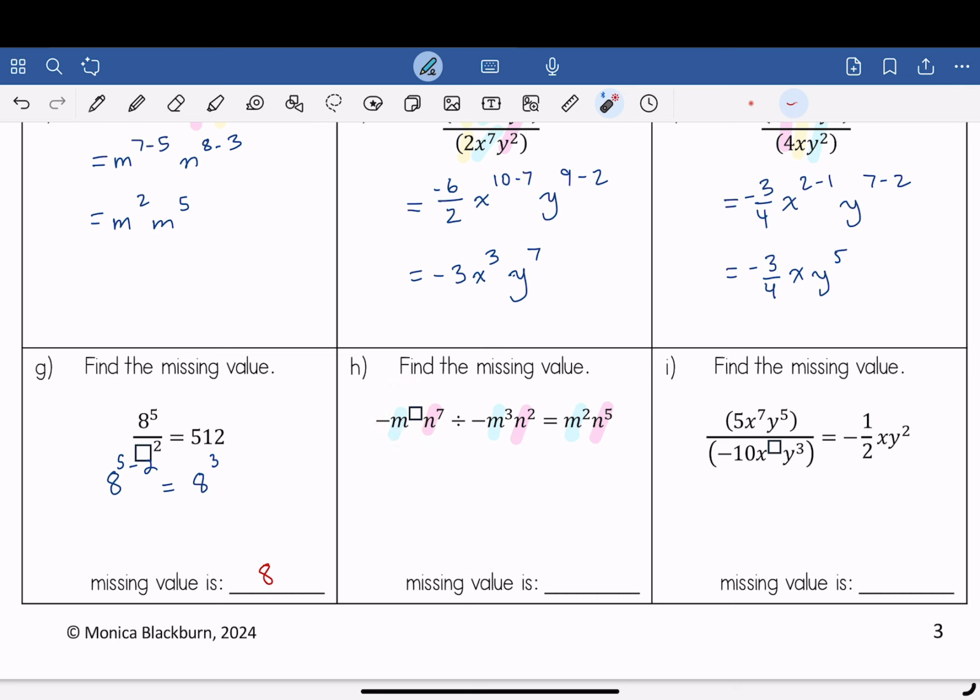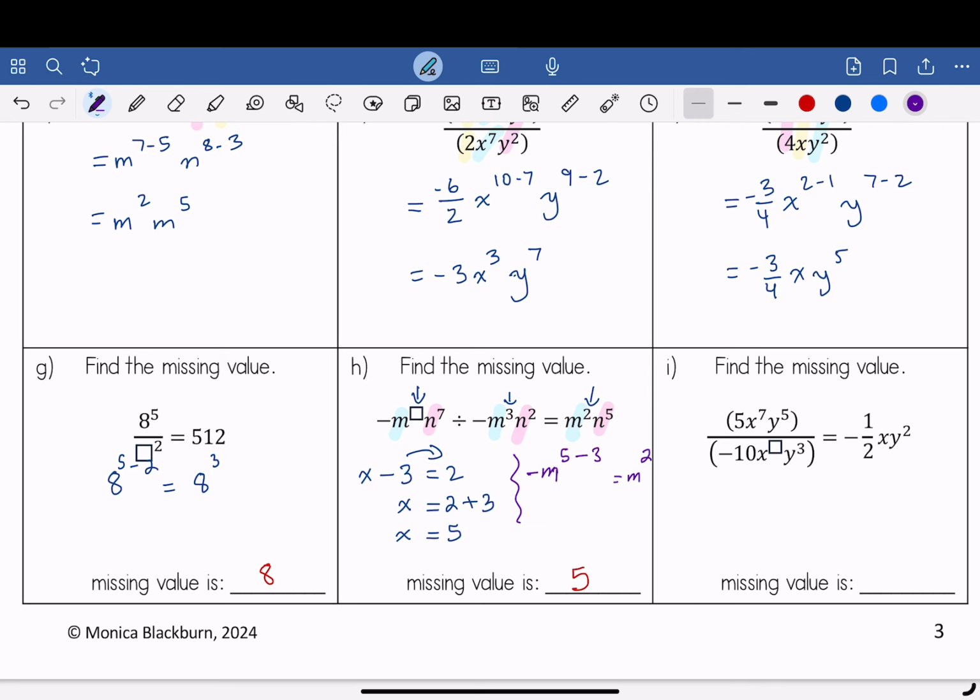So we do know that a number here, I'll give that value an x, minus 3 will give me this value, 2. Therefore, x, if I bring the negative 3 over to the other side, becomes positive. So 2 plus 3, therefore x is 5.